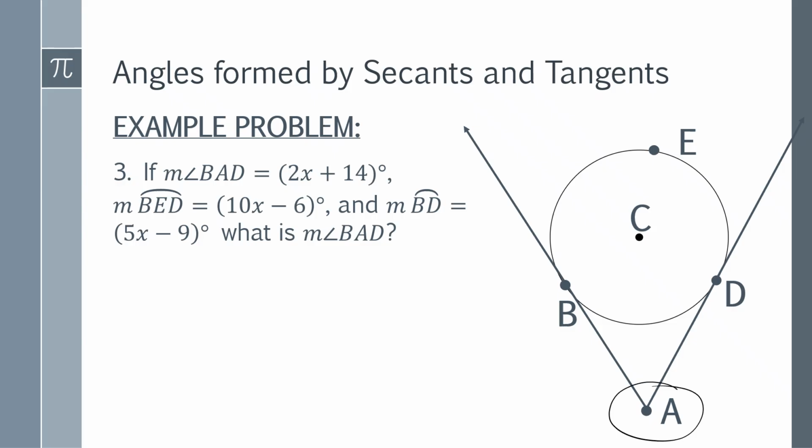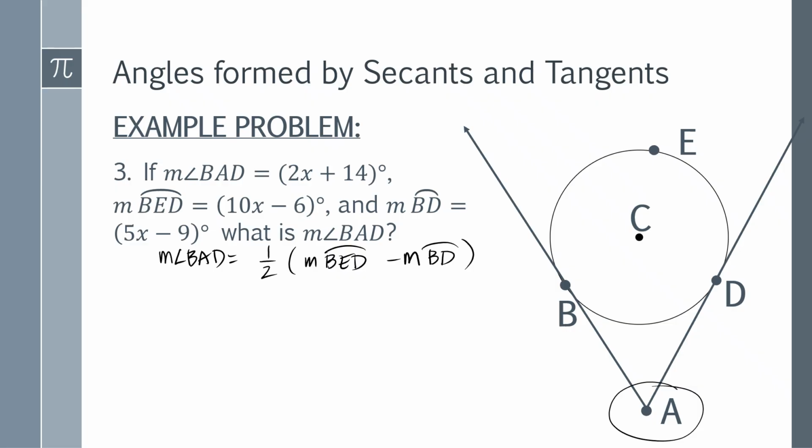So you have to write first the formula, which is that these two intercepted arcs must be subtracted. Okay? So the measure of angle BAD again is equal to 1/2 times the measure of the major arc BED minus the measure of arc BD.